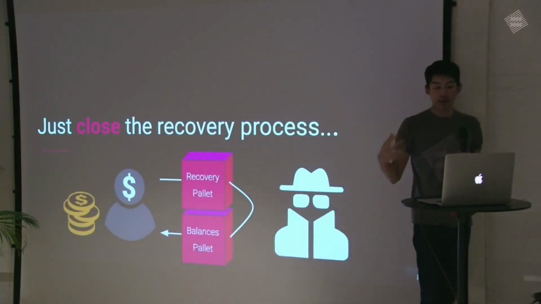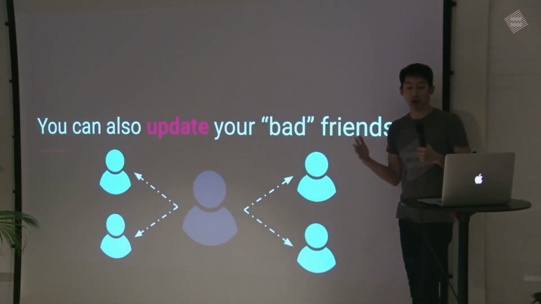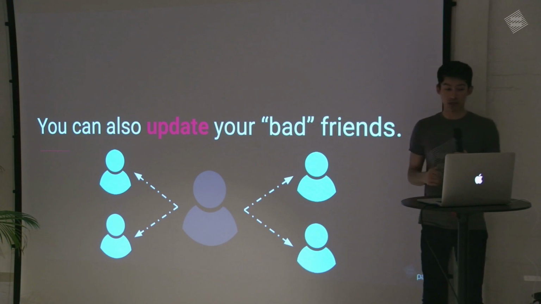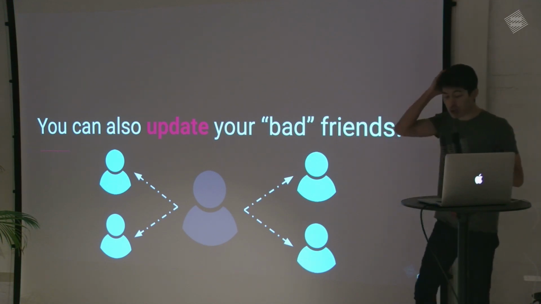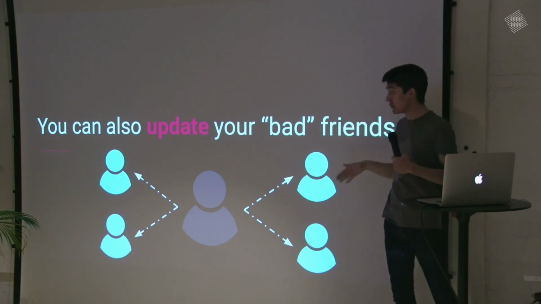So basically, people who are maliciously trying to attack your account is like a honeypot for you. You just get to take their money that they put down to try to steal your account. And there's no way for them to steal your account as long as you just check that the recovery attempt is not malicious. Additionally, if you have a bunch of friends who approve the recovery attempt, they're probably not friends you want to keep, so you can go and update your configuration, change them out, right?